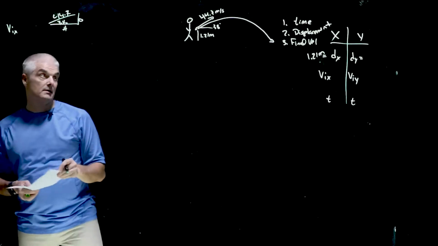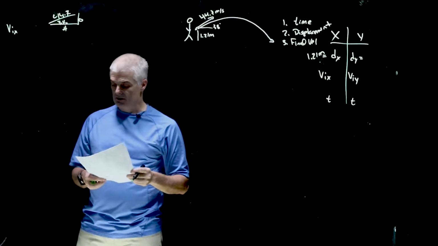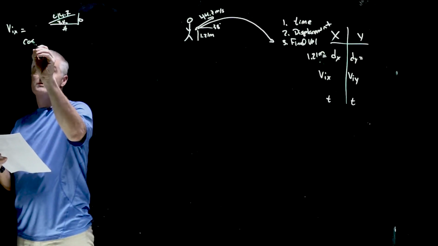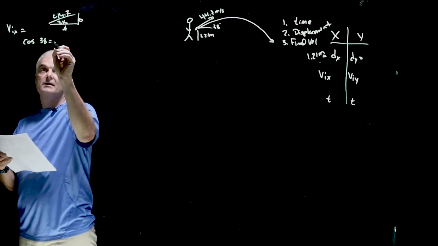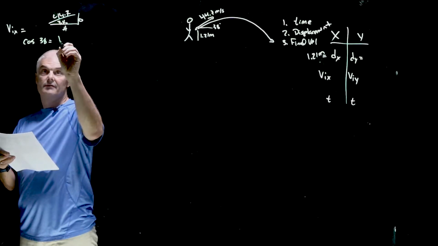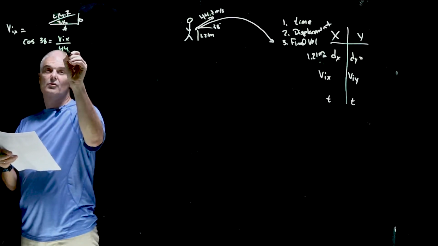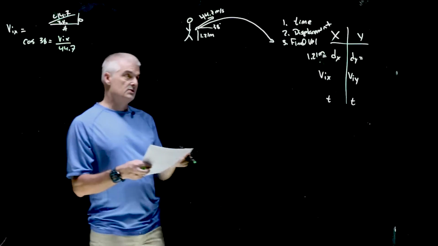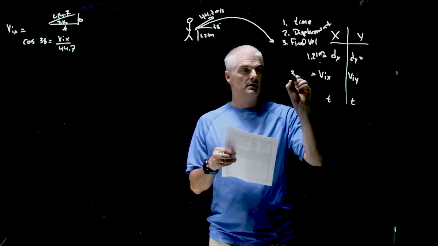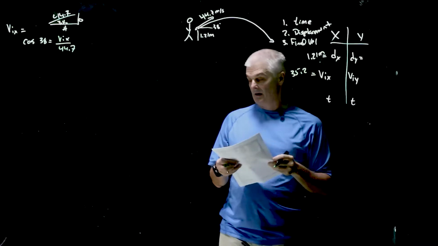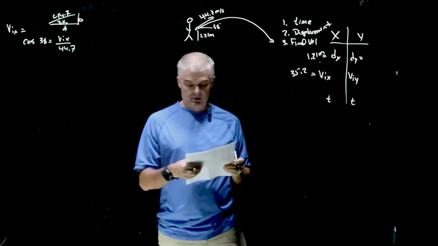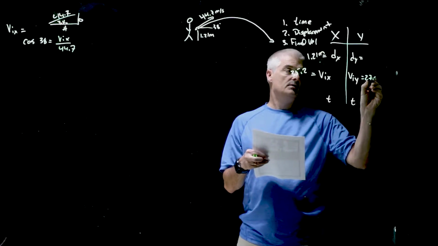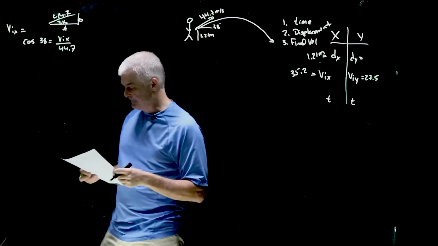So cos of 38 equals vix over 44.7. You can do the math. I won't belabor this. vix is 35.2. And for viy, we'll do the sine, the same ball game, and we get 27.5. So we have those numbers.